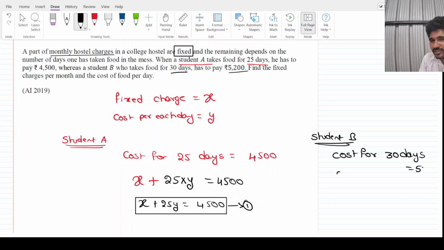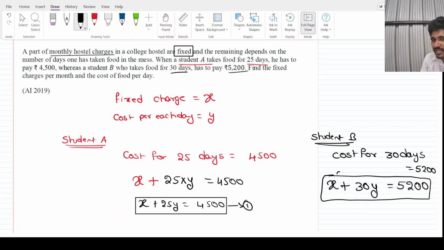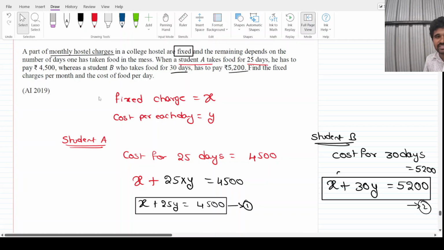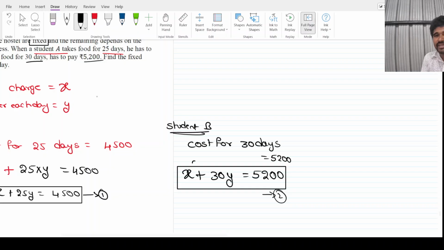How much is that? 5200. How do we write? X plus 30Y equal to 5200. This is equation number 2. Which methodology will solve? Elimination is easy, right? So by elimination method.